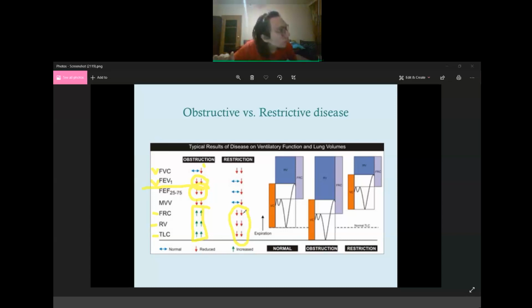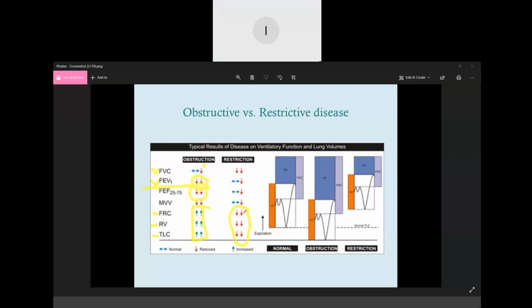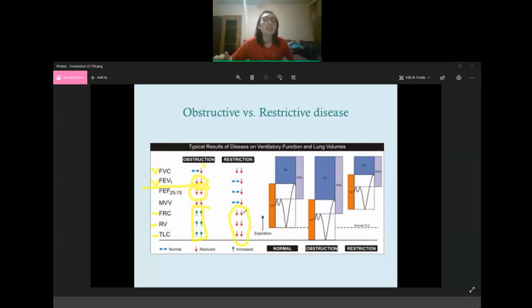Clear? Question? What's the difference between forced residual capacity and residual volume? Forced residual capacity is when we perform the airflow and movement test.